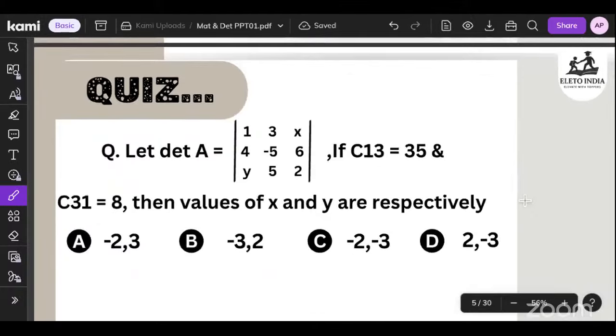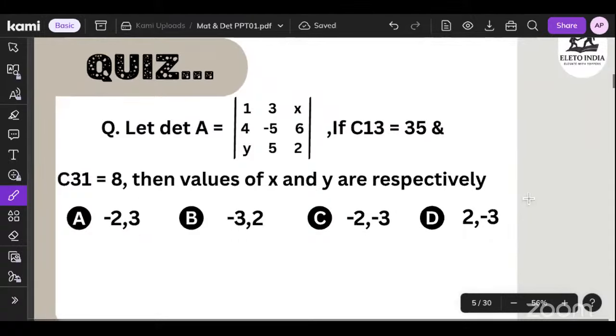Okay, let us solve one question on this topic we have learned. It is given that the determinant A is this, and they have given that C13 is 35, C31 is 8, and then we need to find the values of x and y respectively.